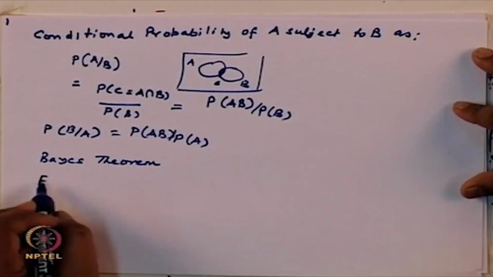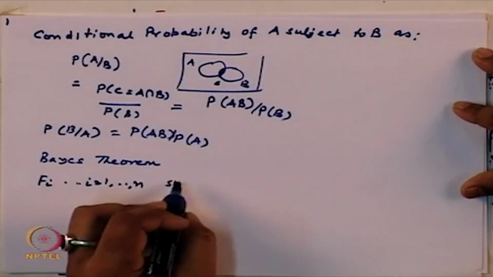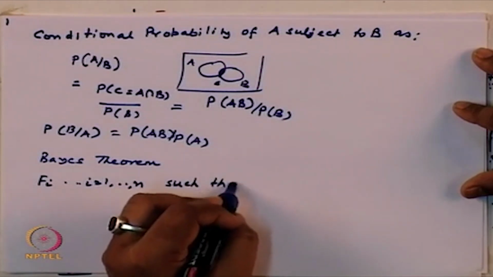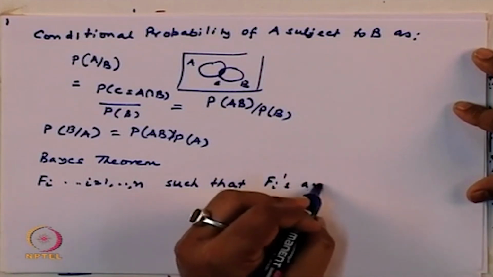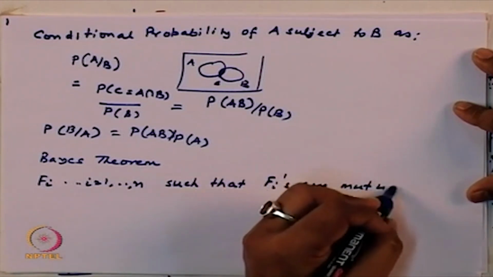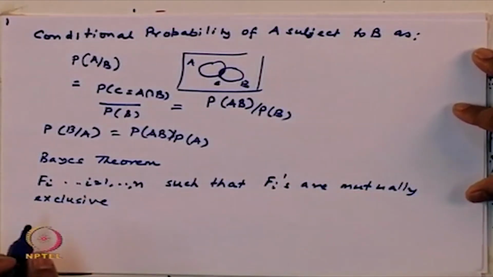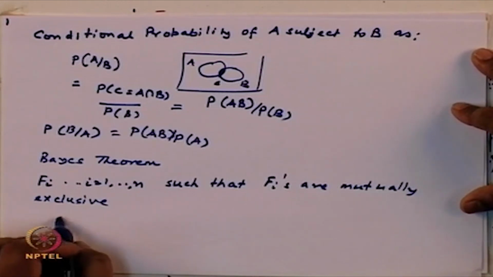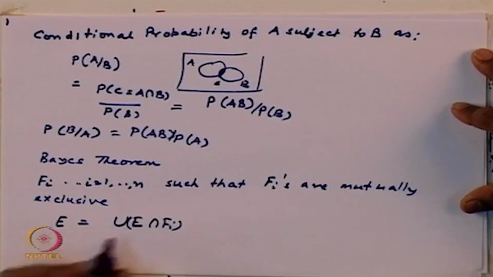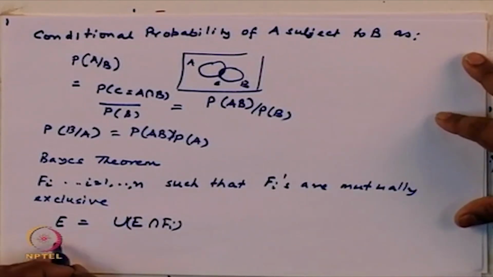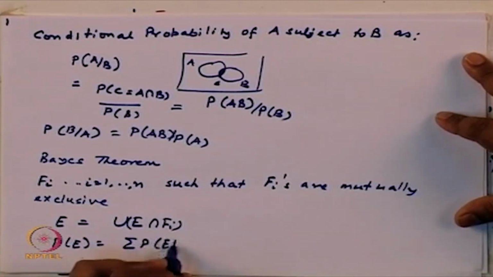So, if you have events F I, I equal to 1 to n, such that these F I's are mutually exclusive, right, you can write some event E as simply the union of E intersection F I. Okay. So, in that case you can write P of E as the summation of P of E F I.